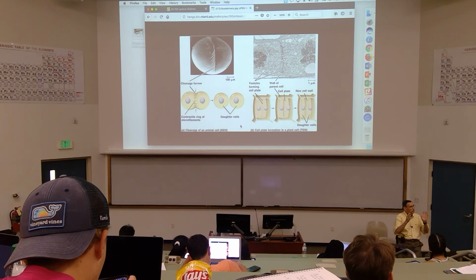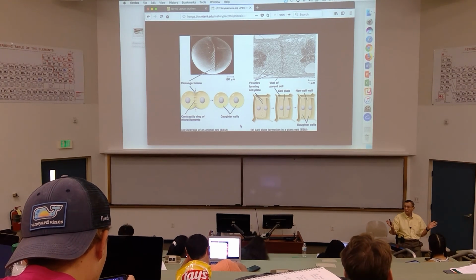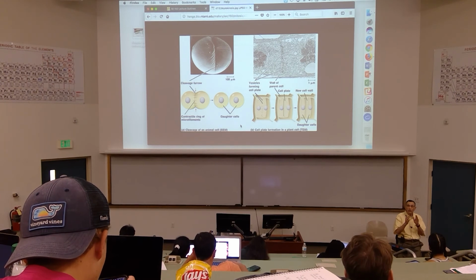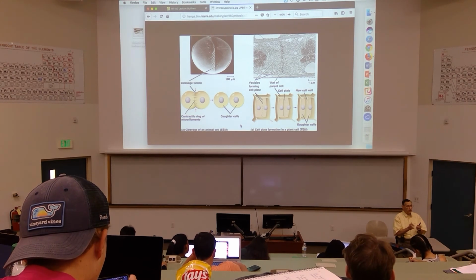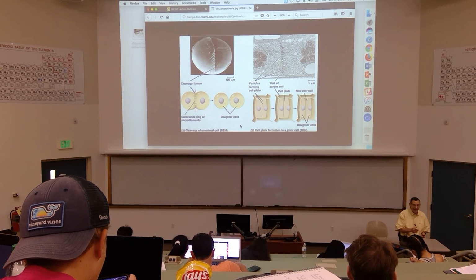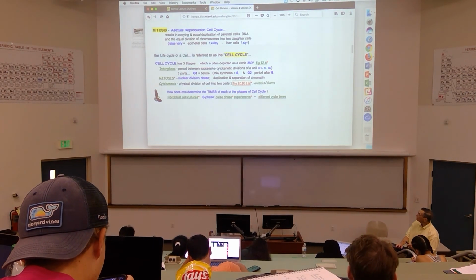The basic geometry of plants, short and fat, tall and thin, if you think about it. And it all has to do with the plane of cell division. And the plane of cell division in plants is pretty much fixed in a specific orientation. Whereas in animal cells, it's not quite as fixed. You can end up with lots of different kinds of shapes, different forms.